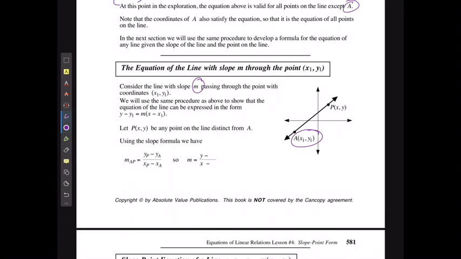So if I have the y at p over the y at x minus the y at a over the x at a, well, the y at a we called y1, x at a we called x1.